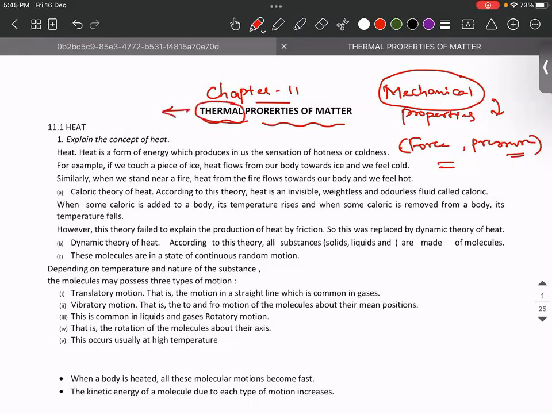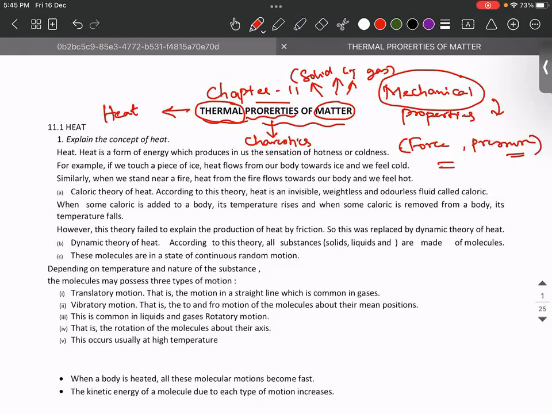As the name thermal suggests, there is heat involved, right? So properties, obviously, we are going to see how the characteristics of a matter. When I say matter, I'm talking about solid, liquid, and gas, right?